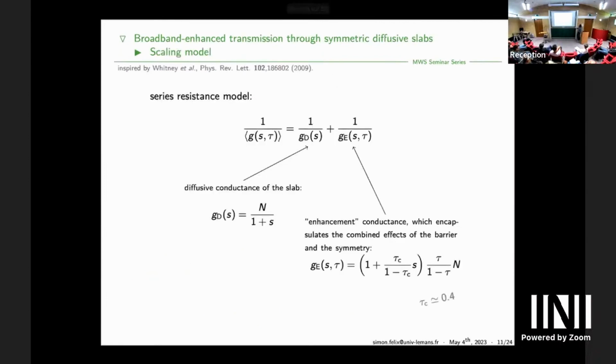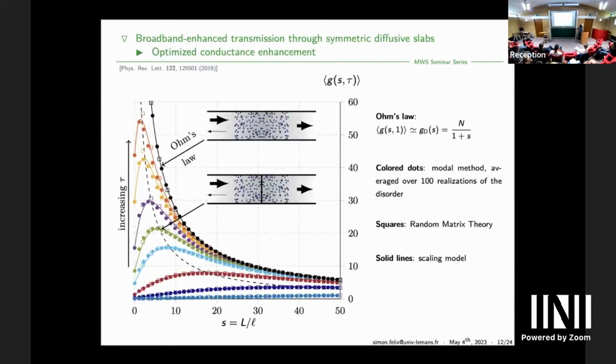Imposing these two limit conditions, and after some calculation, I find that G has this form with some parameter tau c that is found numerically by fitting, but it's the only free parameter. Then I can test it, and I see that it describes well all these situations.